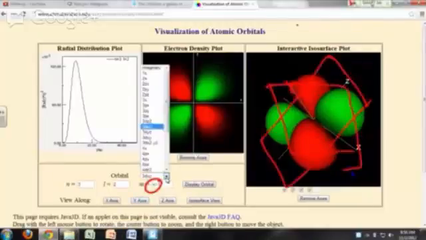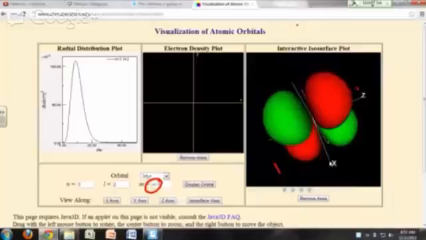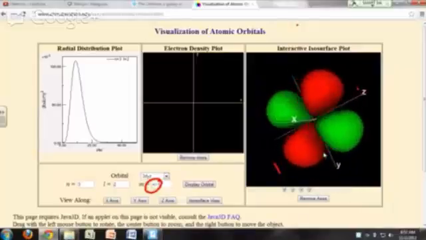And if you look at 3dyz, in this case, you see nodes. Your xy plane is a node, and your xz plane is a node.